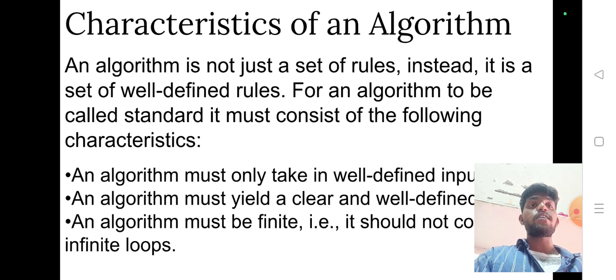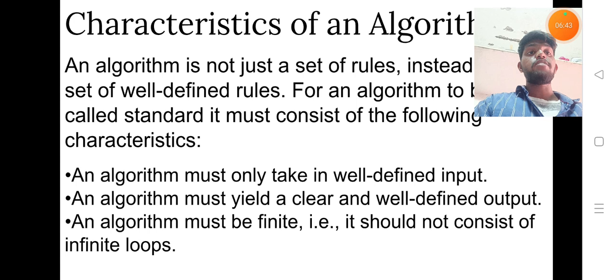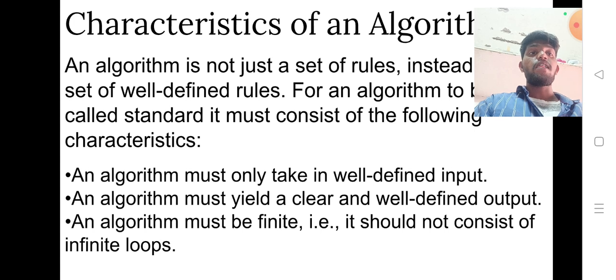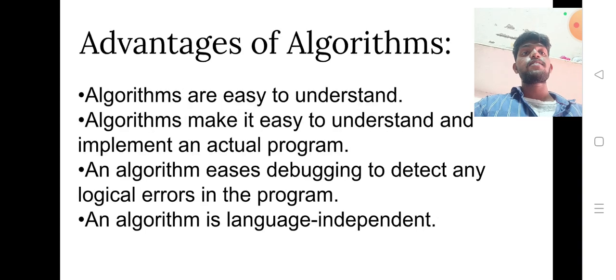For an algorithm to be called standard, it must consist of the following characteristics. An algorithm must only take in well-defined input. An algorithm must yield a clear and well-defined output. An algorithm must be finite, it should not consist of infinite loops.